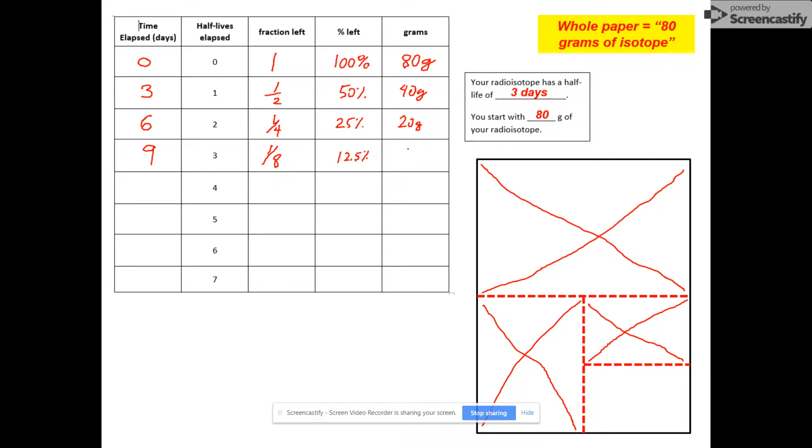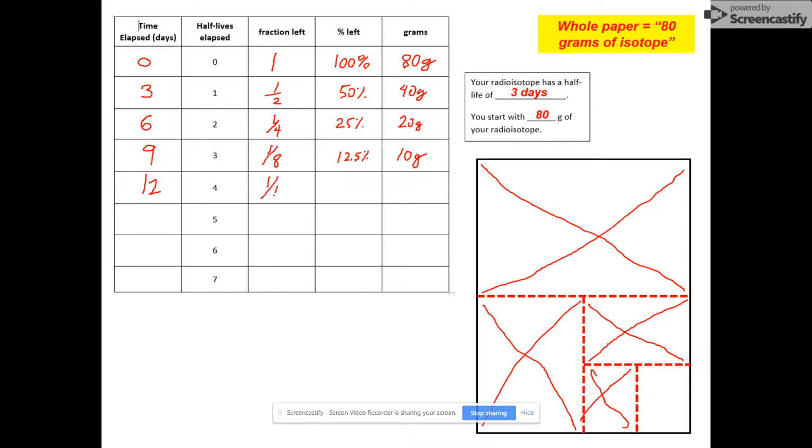I'm smart. 20 grams becomes 10 grams. Okay, now, the next half-life, we fold that paper again in half, and because half of it has now decayed, that's all we've got left. That's 4 half-lives. That's 12 days. 4 times 3 is 12.